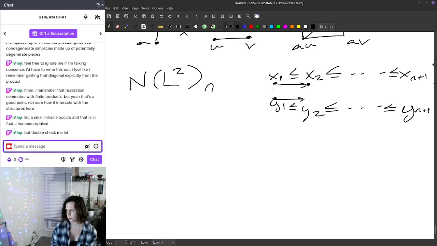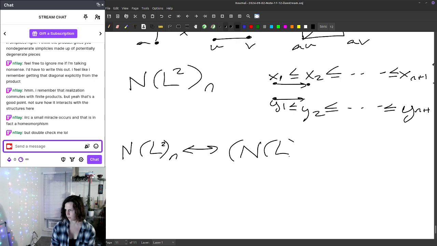So it's a pair of such simplices from L. And then on the other hand, if you had a pair of things like this, it would give you one from L. Okay, I see. So I think what I've decided is that as sets, these n simplices should be in correspondence with these n simplices.